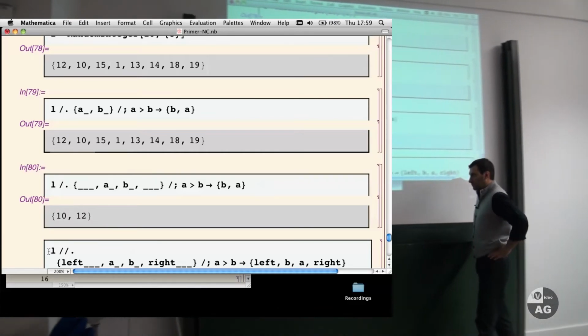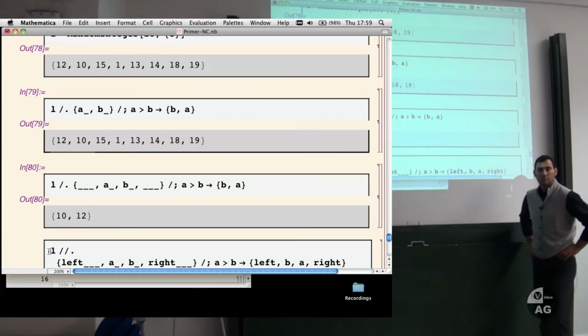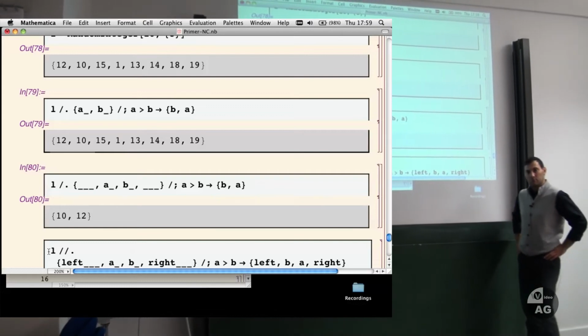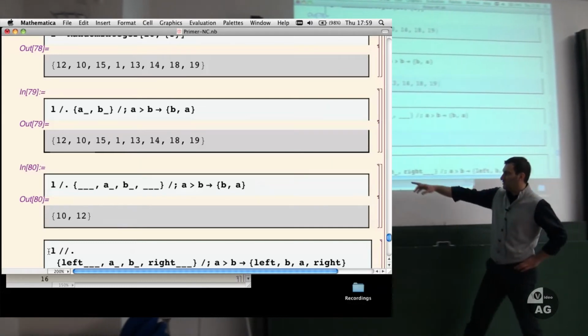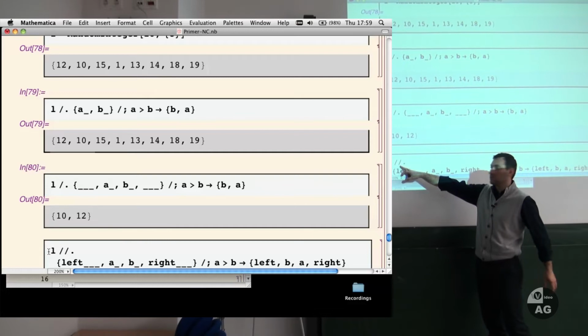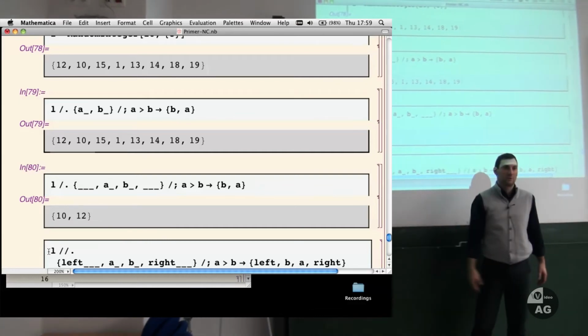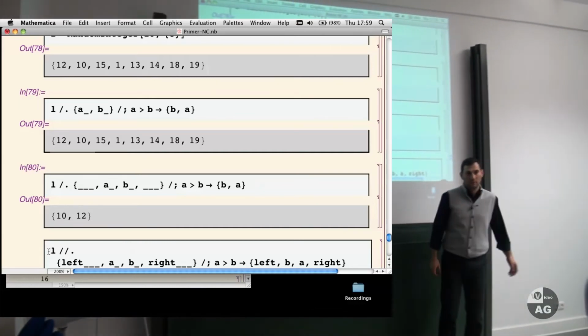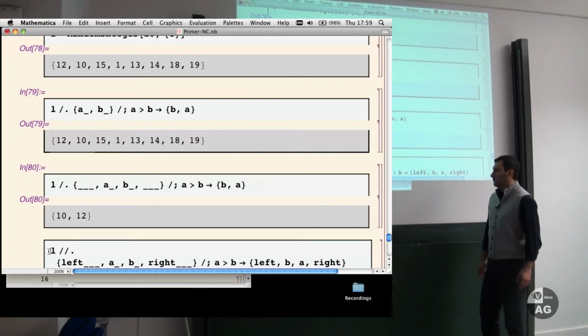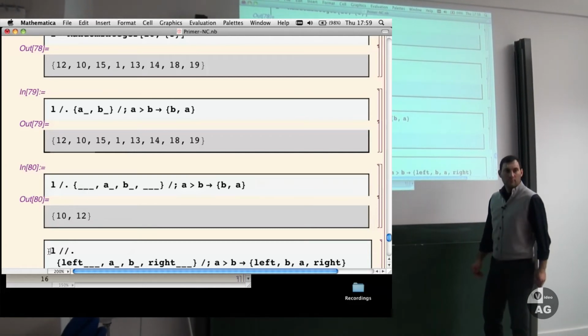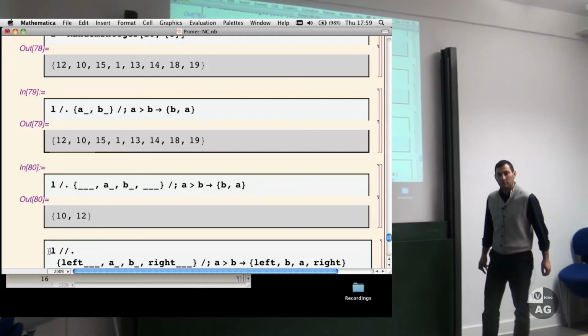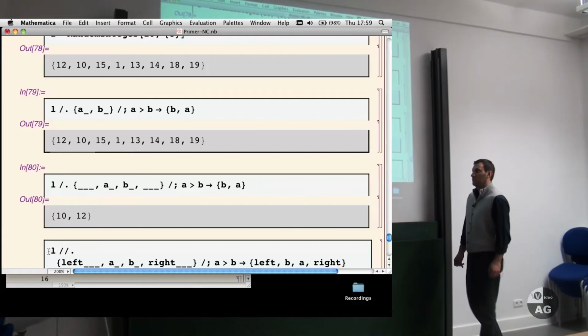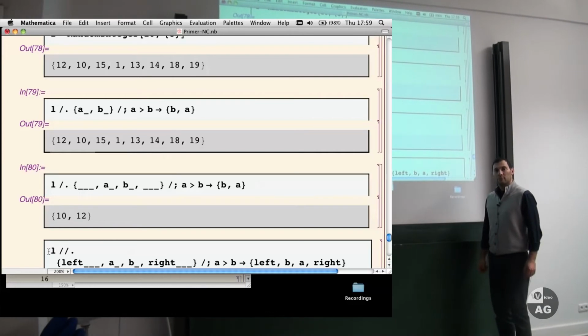Because maybe it doesn't know we want to iterate over all combinations. Yes, it does. It knows, because it's a double slash. But it will always make the left empty? It will iterate as long as something changes. But it doesn't know how to distribute the elements of the list. It doesn't matter. Yes, it does.